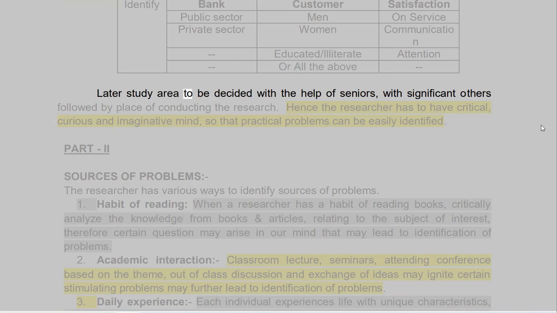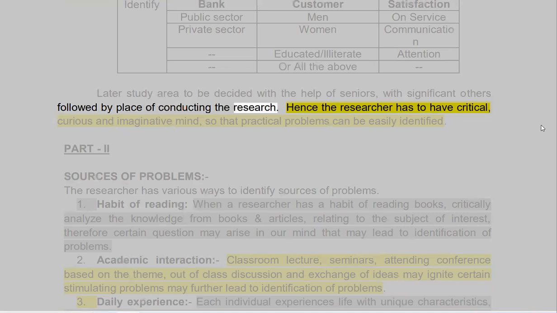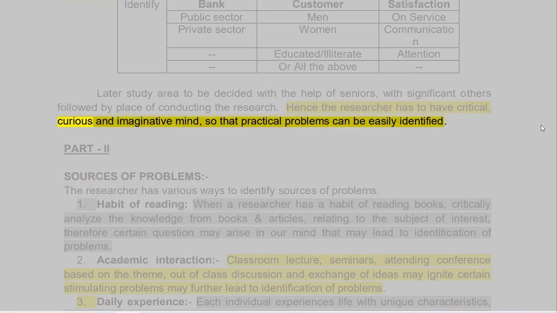Later the study area is to be decided with the help of seniors and significant others, followed by the place of conducting the research. Hence, the researcher has to have a critical, curious and imaginative mind, so that practical problems can be easily identified.